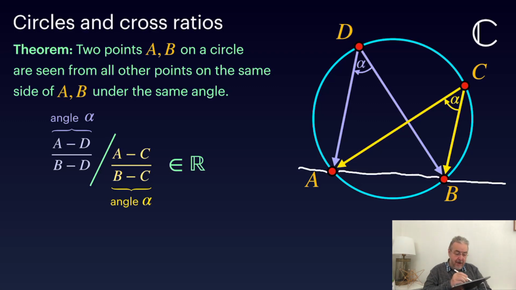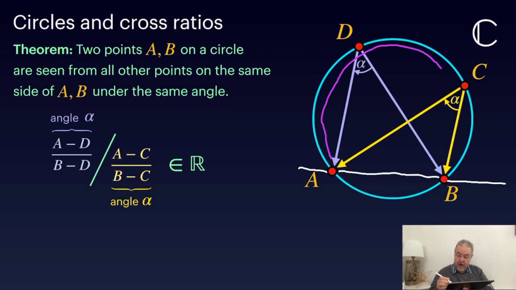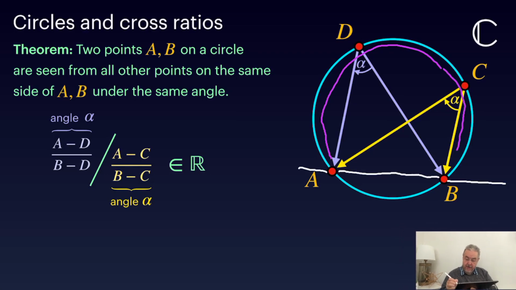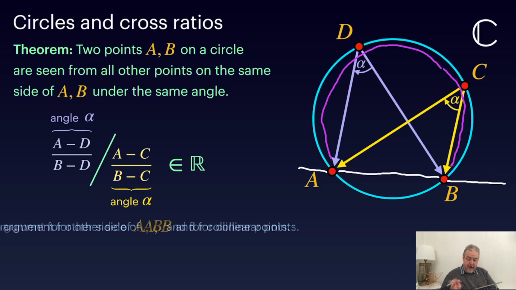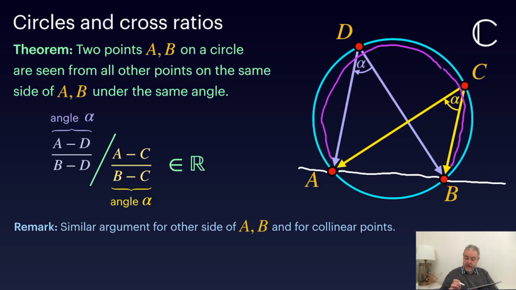So this number that we get here will be a positive real number as long as, well, assume I move C here, as I move C on that arc here. Similar statements hold also if I move C below that arc.